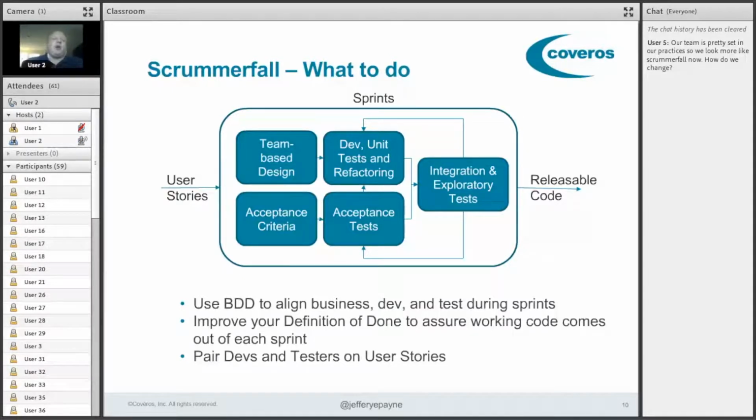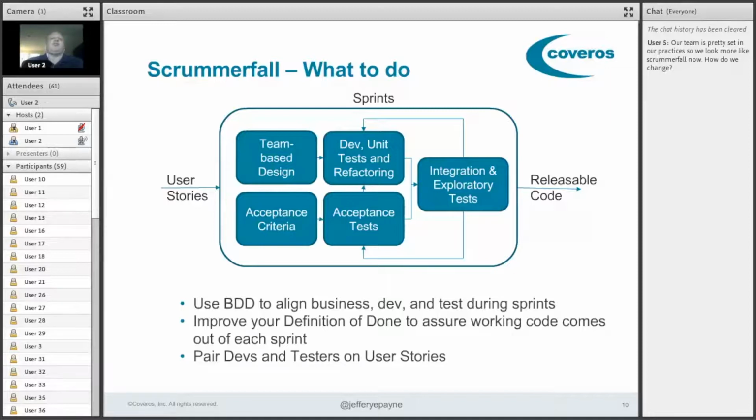The testers are toggling their time between working with the developers, creating more acceptance tests and other tests that development can use, even reviewing and auditing the unit tests and other things the developers are doing, but also creating integration and exploratory tests to further assure that the design holds together and works across the various user stories that are being implemented. Now that's really easy to say, that doesn't mean it's easy to do.